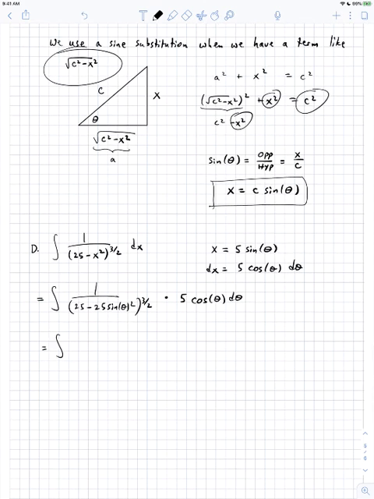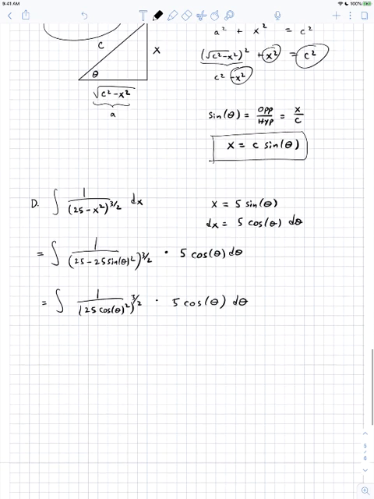So this is the integral of 1 over, and this term in here is exactly 25 times cosine theta squared. And now we want to raise that to the 3/2 power times 5 cosine theta, d theta. Let me just fix this parenthesis there.